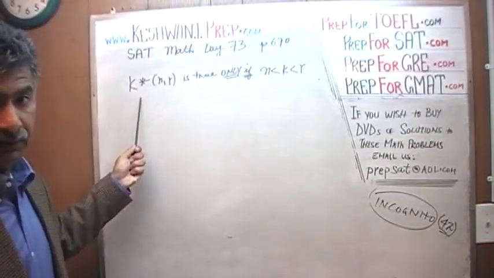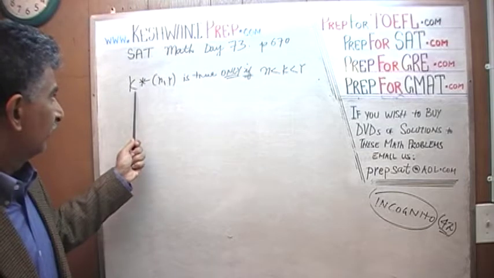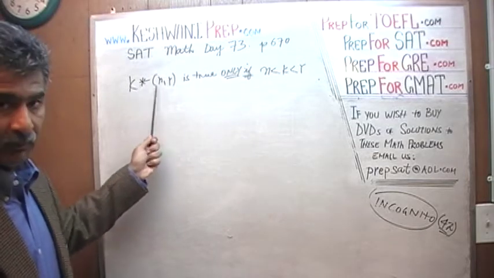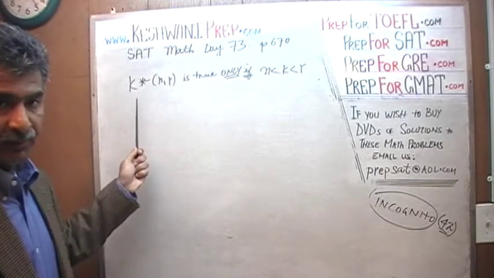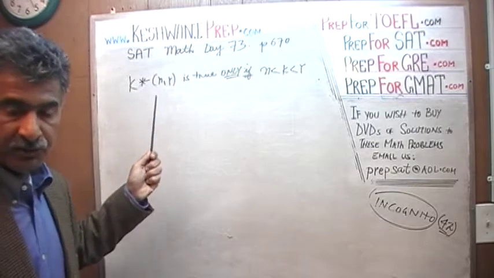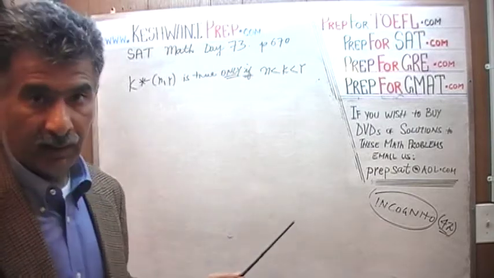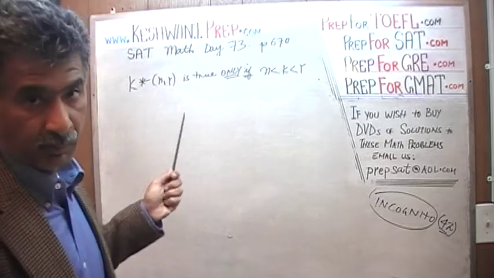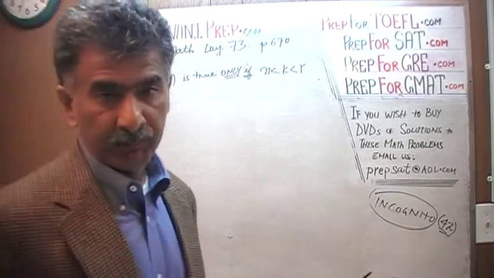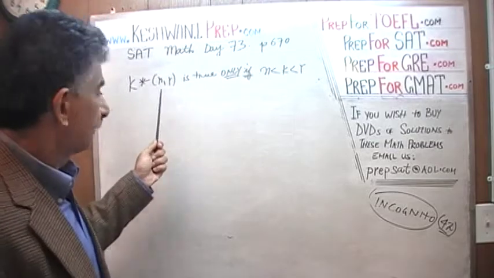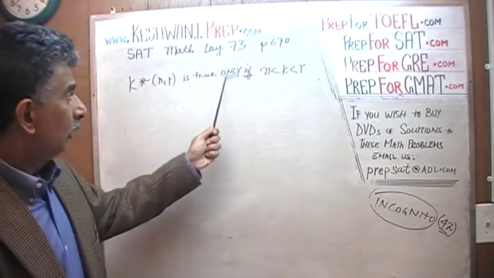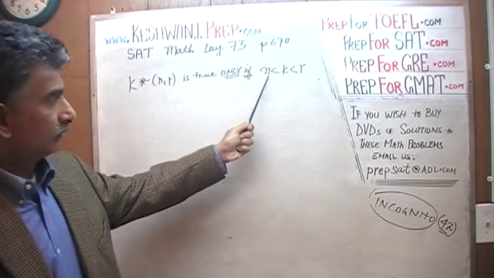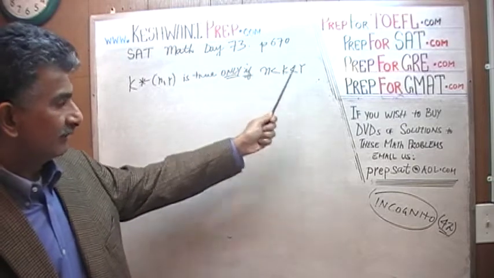We don't know what's contained in that black box, but whatever it is, we are told that this relationship between these three variables holds. Some relationship exists between k, n and r, which is contained in this one black box. The reason why it's called a black box is because we have no idea what it is. But we are told that it is true only if n is less than k and k is less than r.